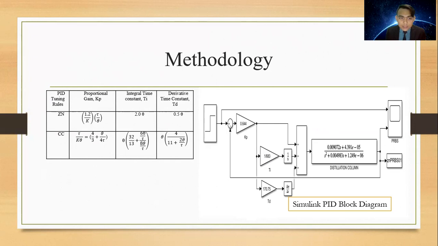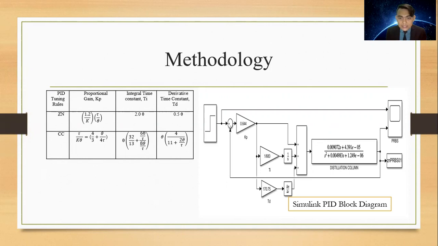For every PID tuning rule, we need to find the value of proportional gain Kp, integral time constant Ti, and derivative time constant Td. When all these values have been gathered, we will put them inside Simulink in MATLAB.